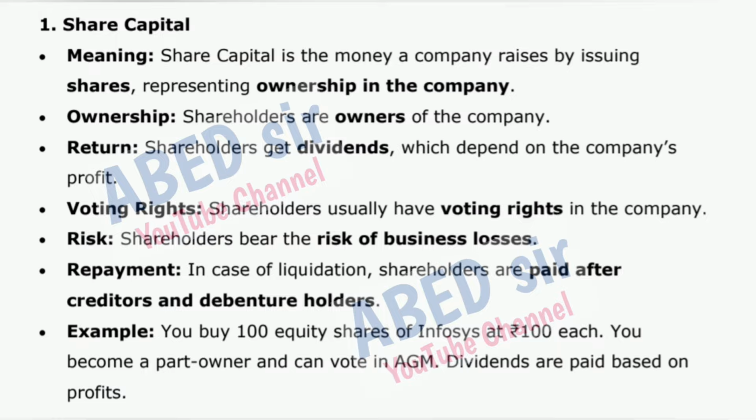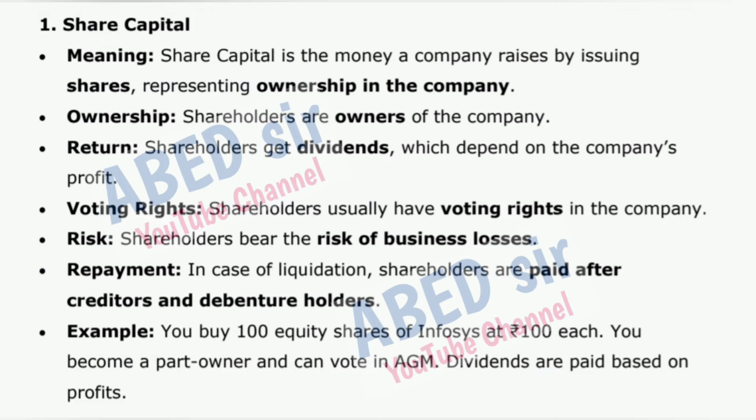Ownership: shareholders are owners of the company. Return: shareholders get dividends, which depend on the company's profit. Voting rights: shareholders usually have voting rights. Risk: shareholders bear the risk of business losses. Repayment: in case of liquidation, shareholders are paid after creditors and debenture holders.